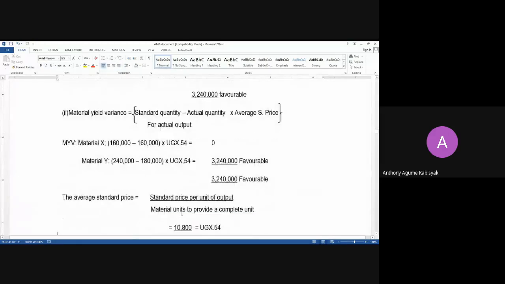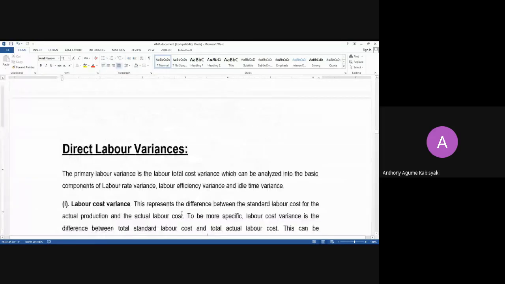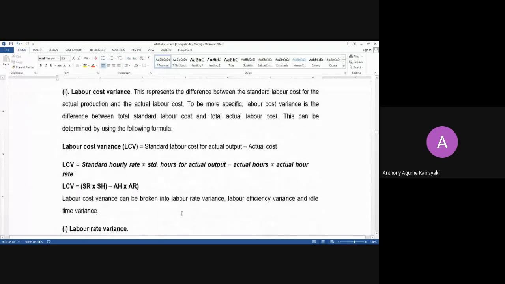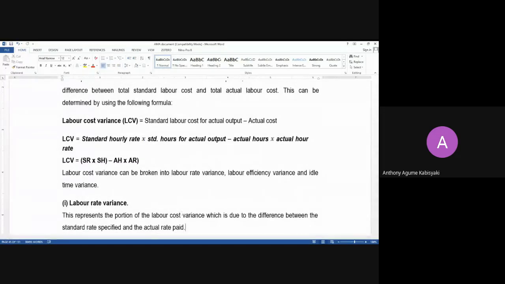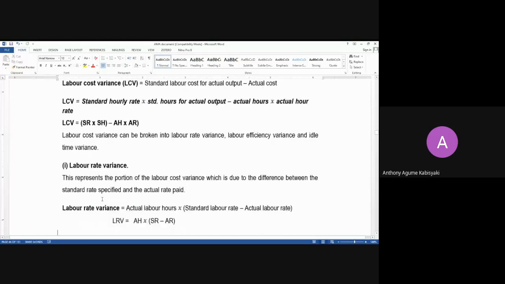So that gives us the labor cost variance. But this labor cost, I said it is subdivided into labor rate, labor efficiency, and then idle time.